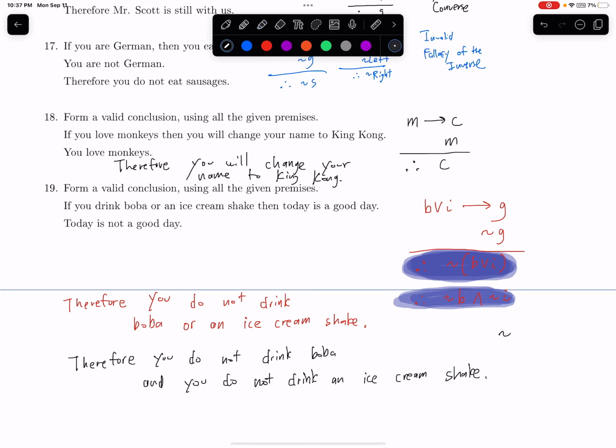If you said negation B or I, just like that, that's wrong, because this negation is only being applied to the B, but it should be applied to this entire statement. So you need the parentheses, or else you need to apply De Morgan's laws to break it up. That's a common type of error that I would see.